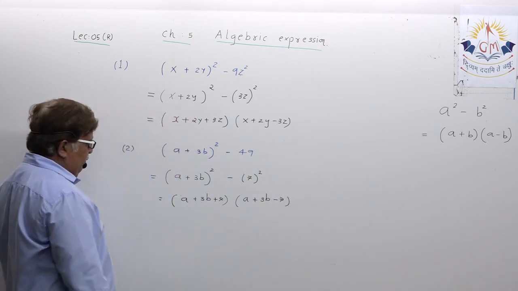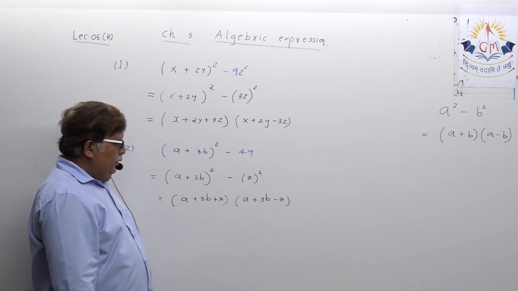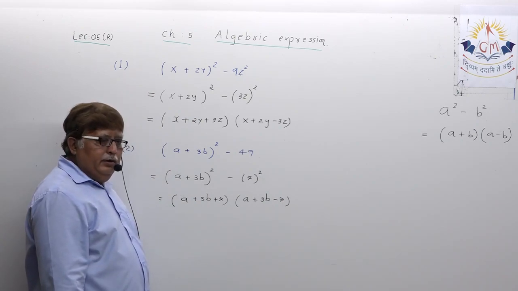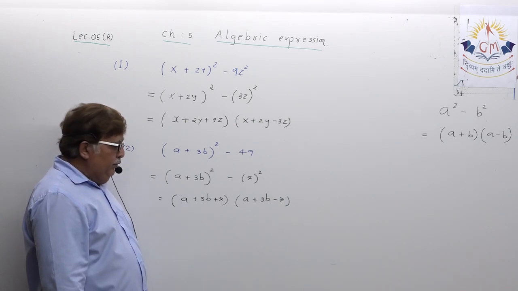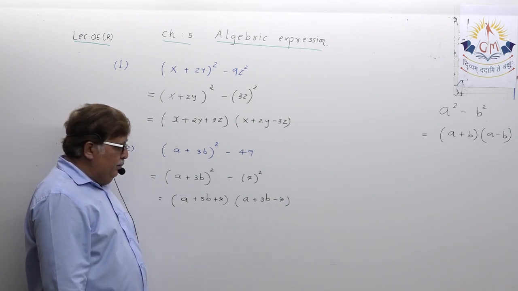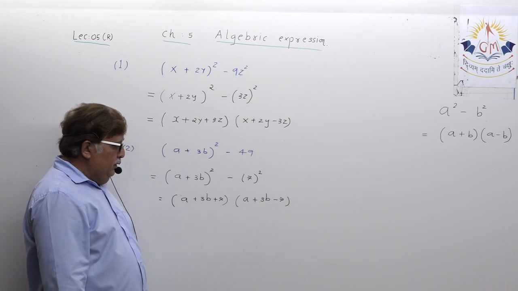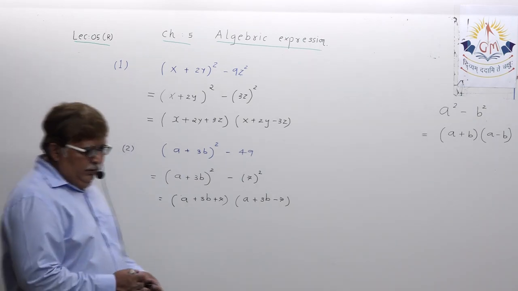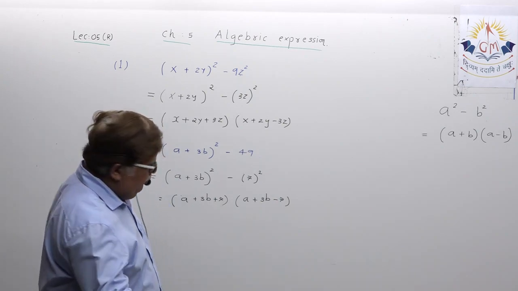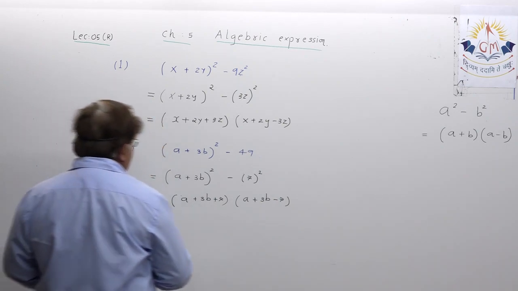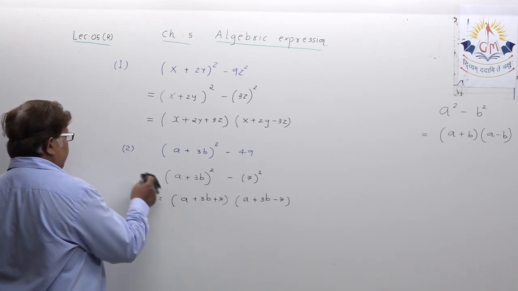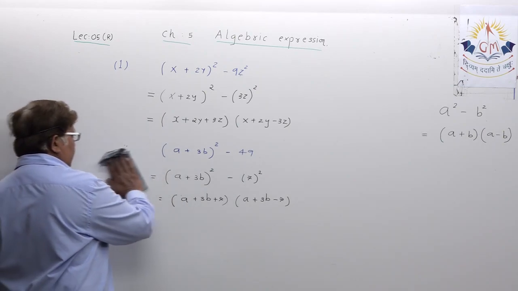This is the way you have to solve this particular example. You just verify with the example you have solved. This is the way. Understand? I think you must have verified this. Okay. Let us go for another example.